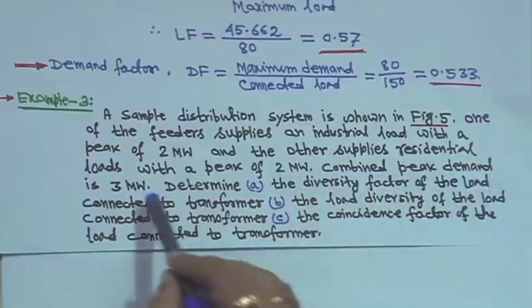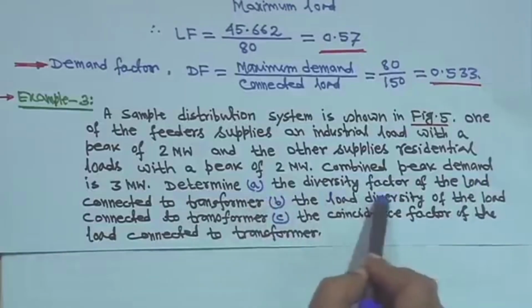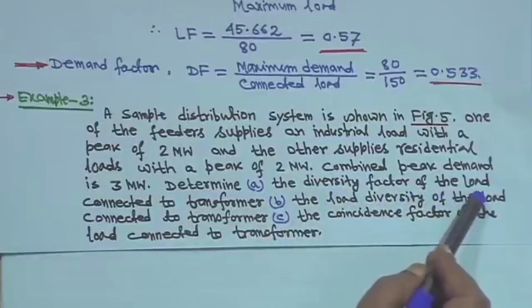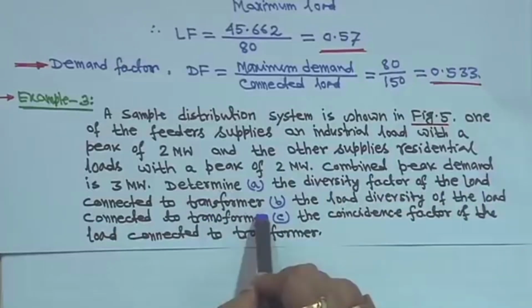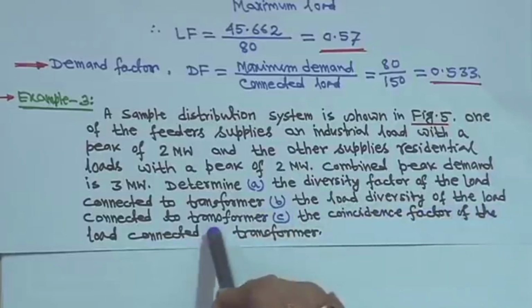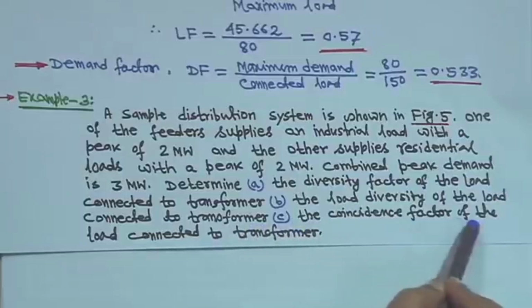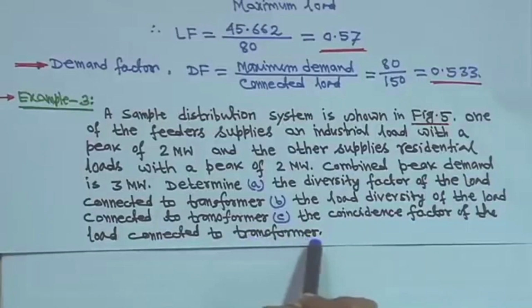Combined peak demand is 3 megawatt. Determine A, the diversity factor of the load connected to the transformer, B, the load diversity of the load connected to the transformer, and C, the coincidence factor of the load connected to the transformer. So, these three things you have to obtain.